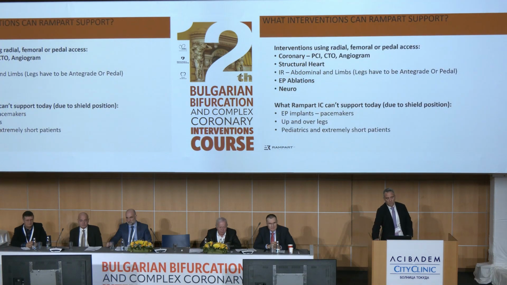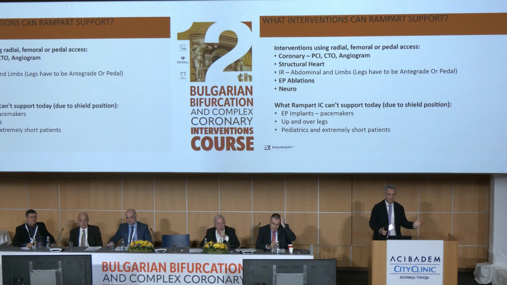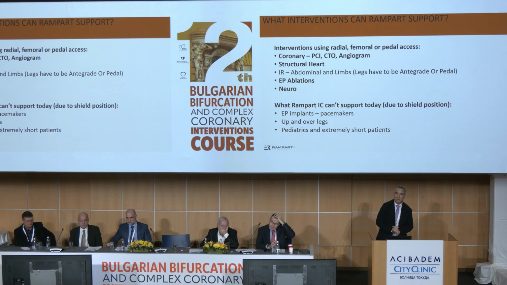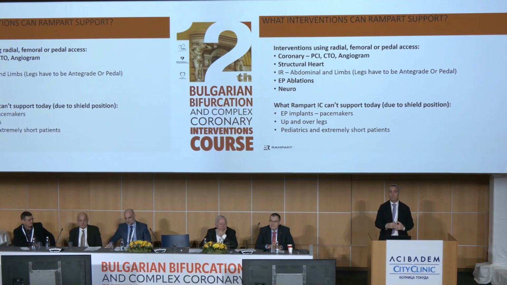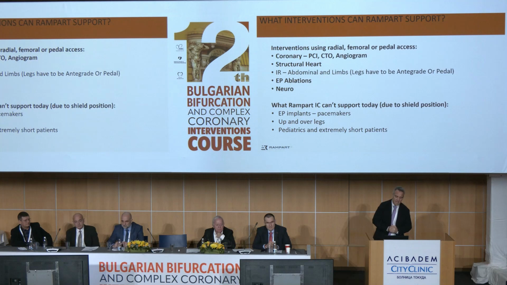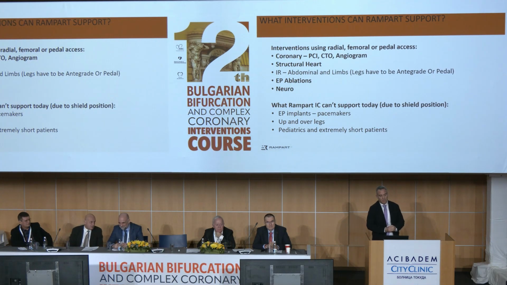You can use it in all interventions using radial, femoral, pedal access, coronaries, structural, abdominal, ablations, neuro. But what Rampart can't do is implanting pacemakers, up and over legs, or pediatrics and short patients, so jugular access and things like that.